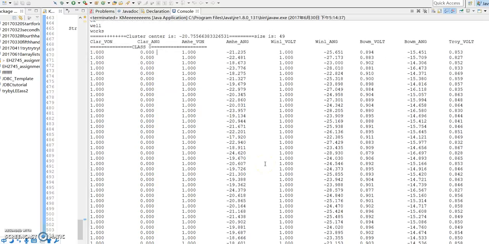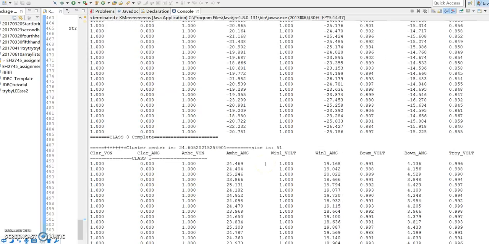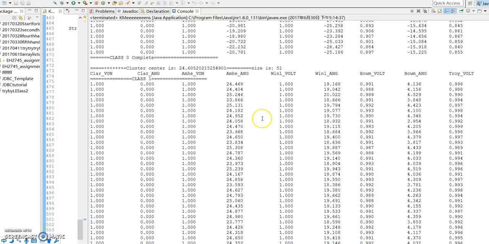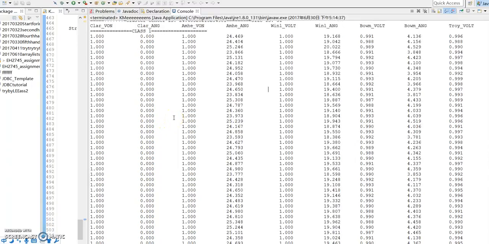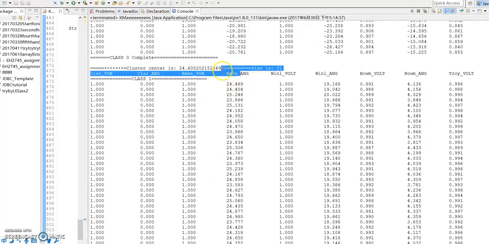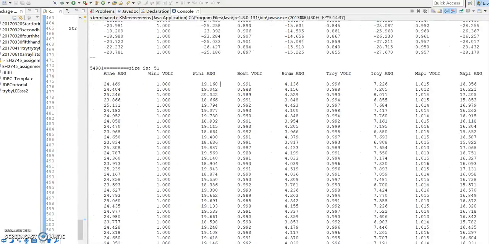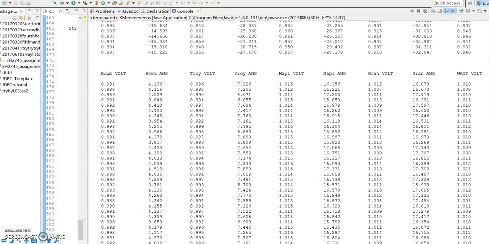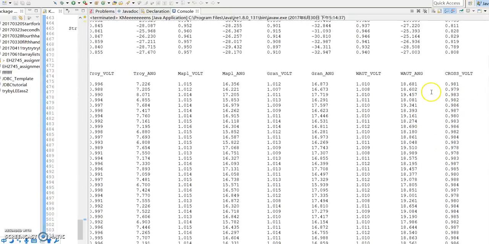And now let's take a look at class 1, the second group. In this group, we have 51 points included. And for this group, we can find that the angle of the generation bar is positive, another one is also positive, and for the other bus bar it is also positive.